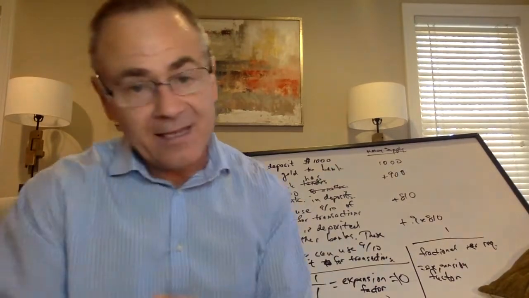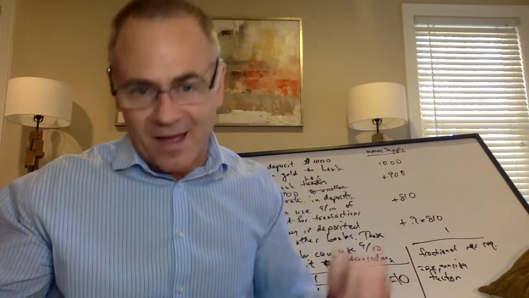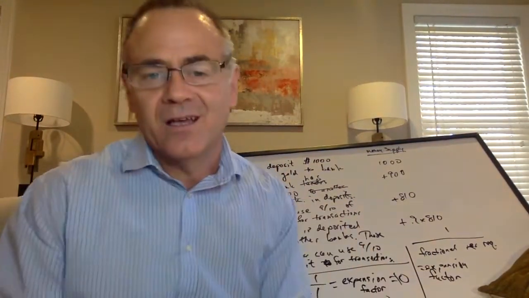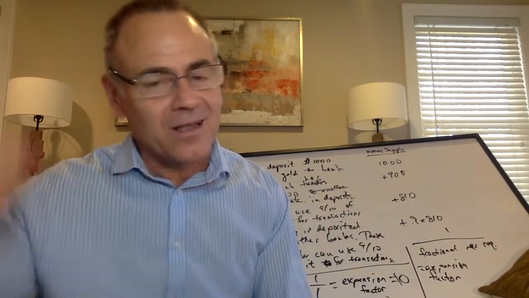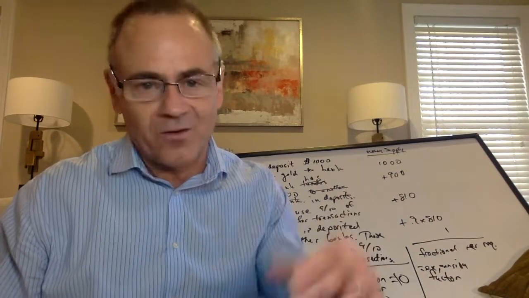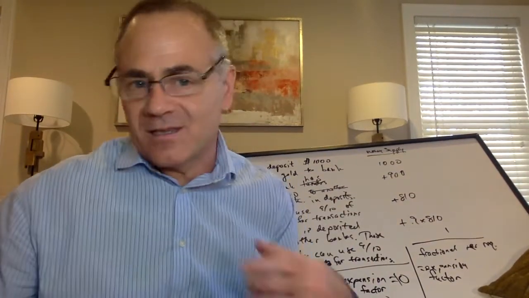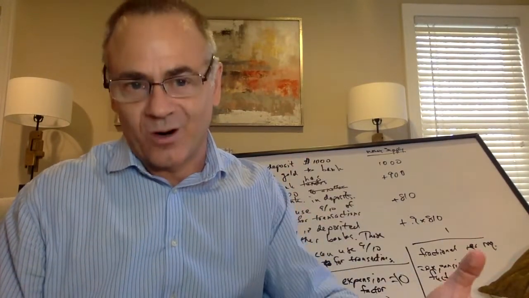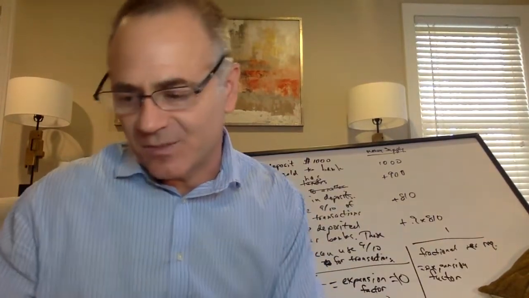And so the idea is that if you start off with a total amount of currency and coins, and the fractional reserve requirement is 10%, take 1 over that amount, the expansion factor is 10, so 10 times whatever the currency and coins were, that's the new total money supply.